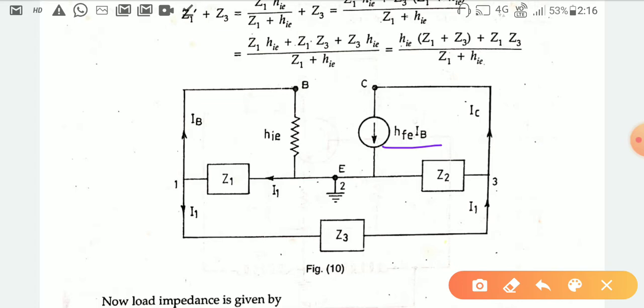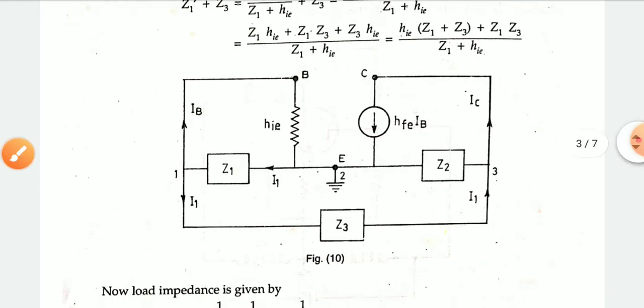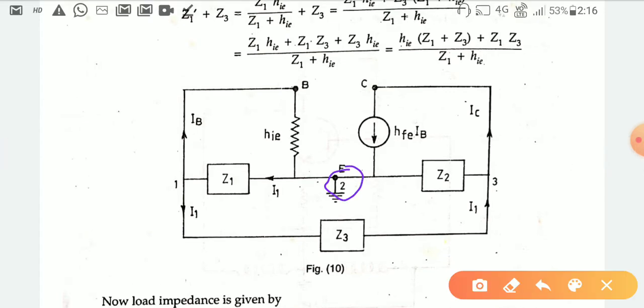So we have to calculate the value of the output impedance. How can we get this? This will be obtained by identifying the resistance value between these two nodes, that is node number 2 and node number 3.